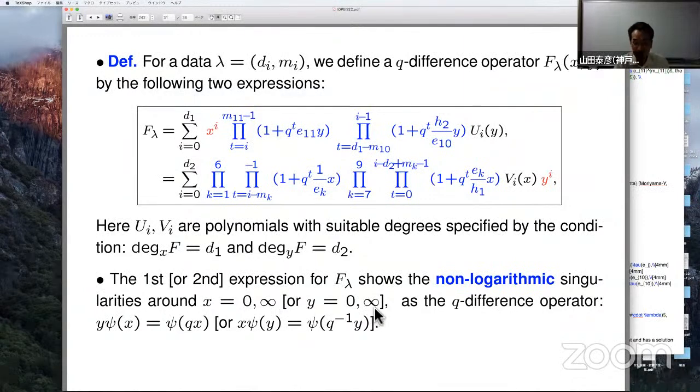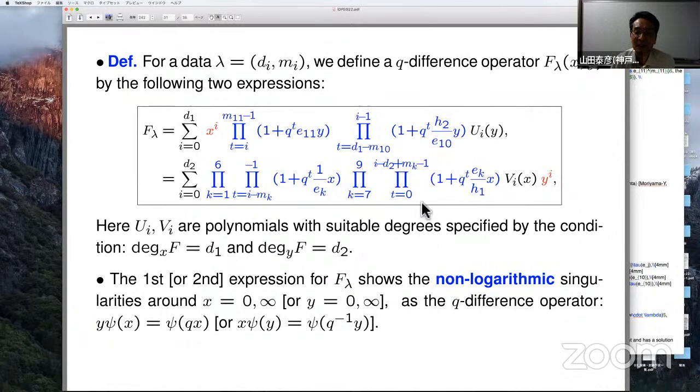So non-logarithmic means that these multiple zeros show the resonance of the exponent. And if we have the resonance of the exponent, there may appear logarithmic solutions in general.